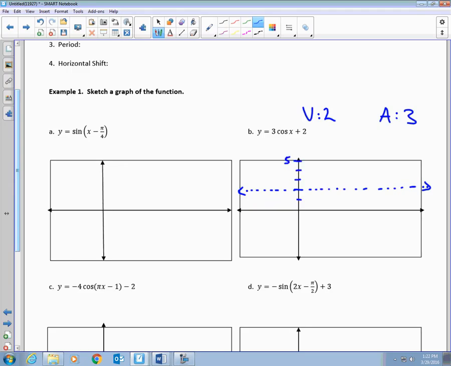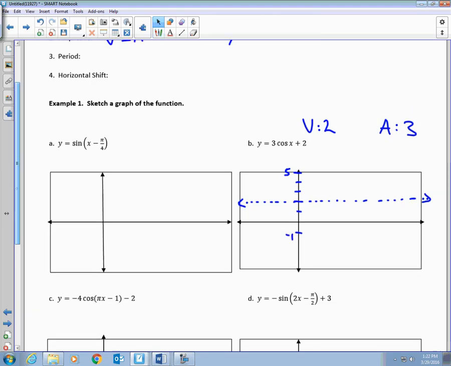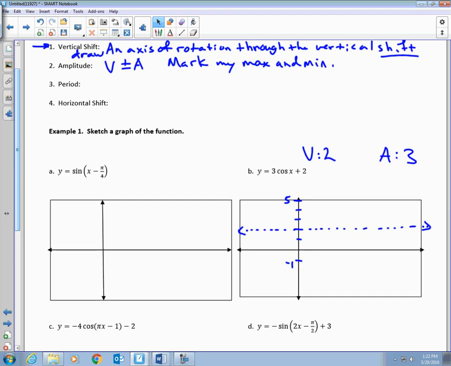Then I will do 2 minus 3, and I get -1. You can see that I took the vertical shift and added and subtracted the amplitude in order to get my maximum and minimum values.